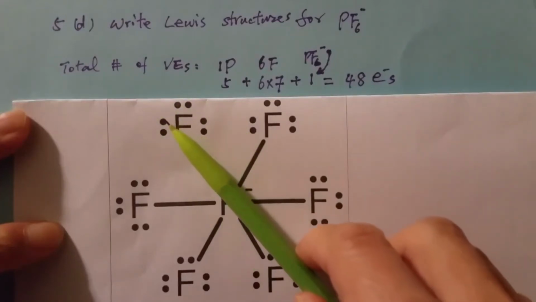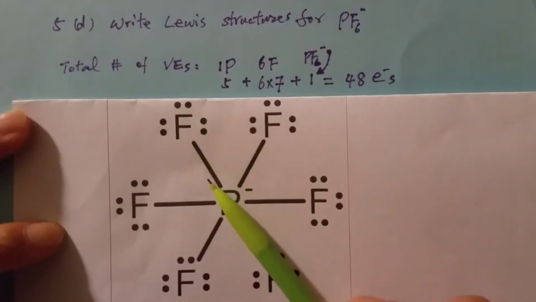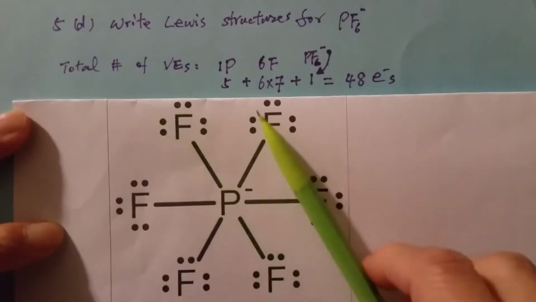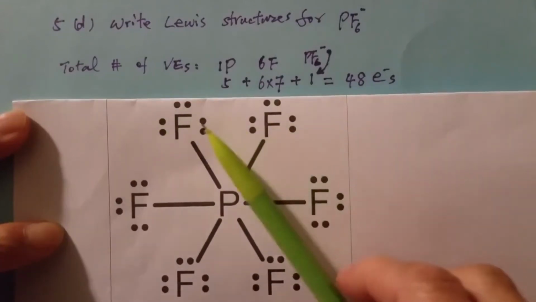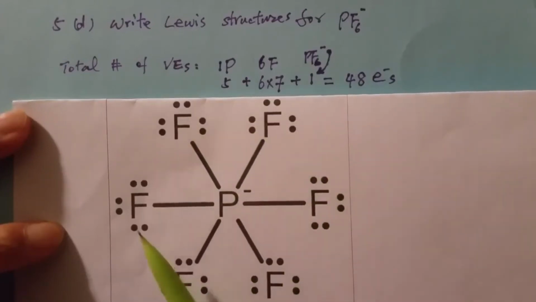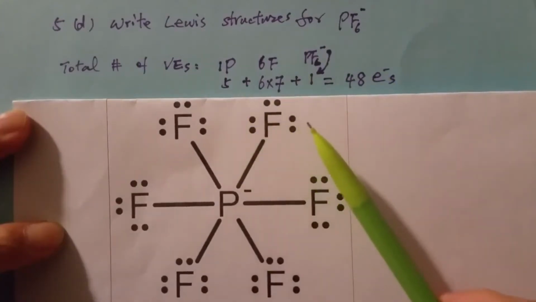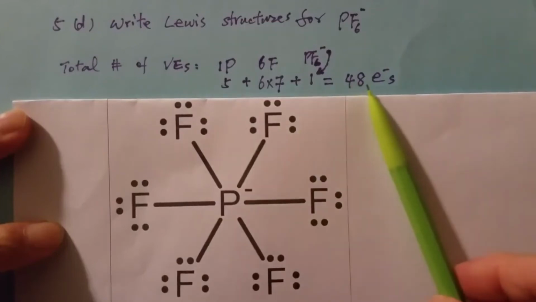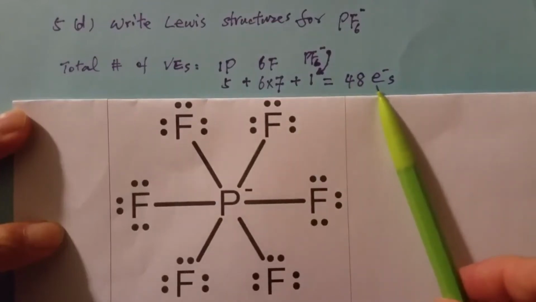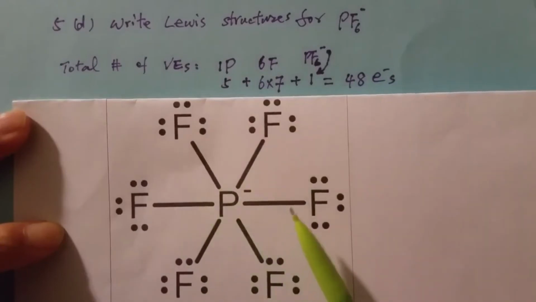So you place 3 lone pairs plus 1 bonding pair, and that's 2 times 4, 8 for each. Now we have 1, 2, 3, 4, 5, 6 fluorines, each with 8. 6 times 8 is also 48 electrons. So all 48 electrons are assigned so far.